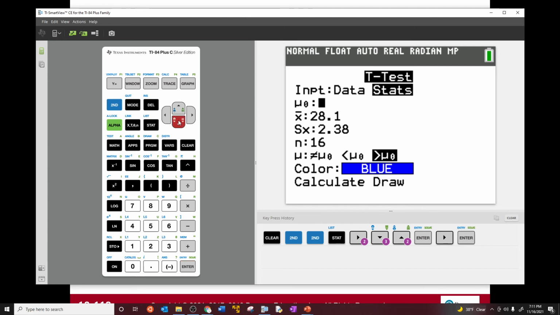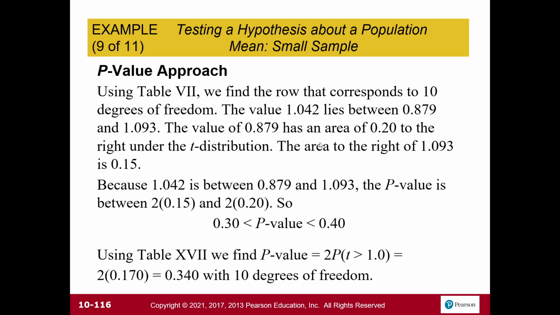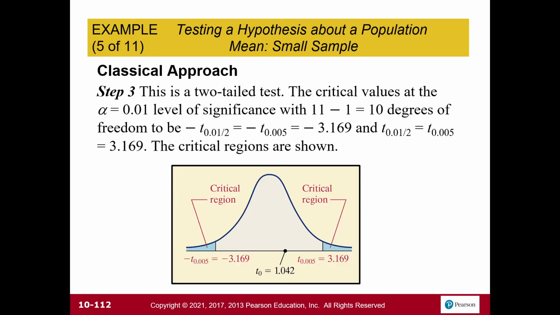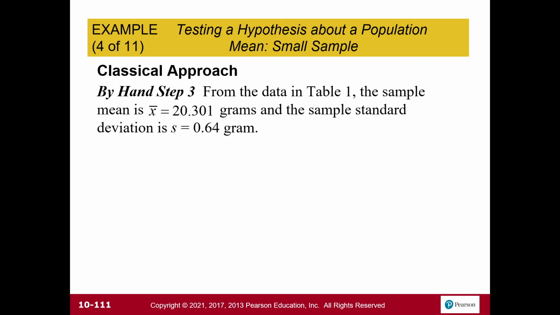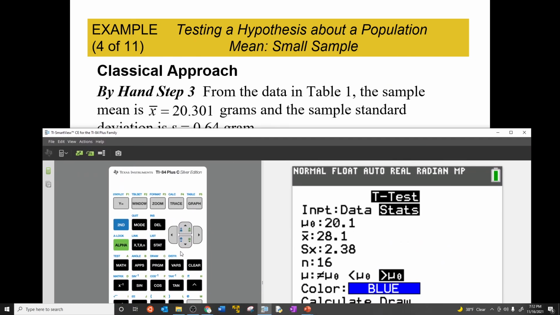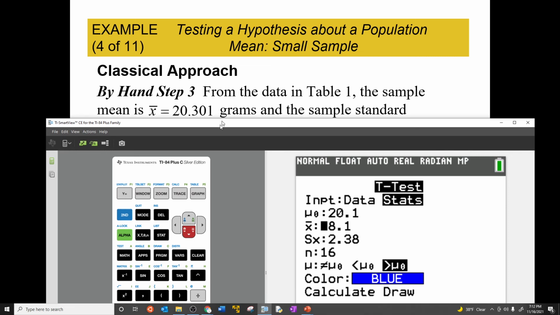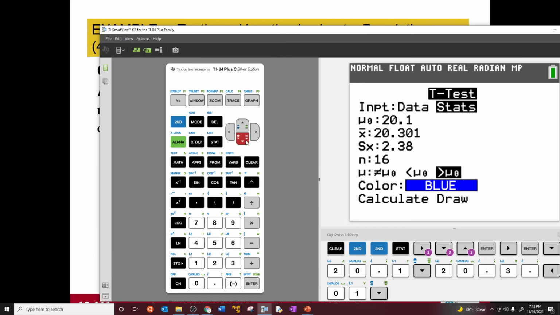And we're going to set our 20.1, we said. Let's make sure we got our data right here. Let's go back a little bit. Our mean is 20.301. Our standard deviation is 0.64.